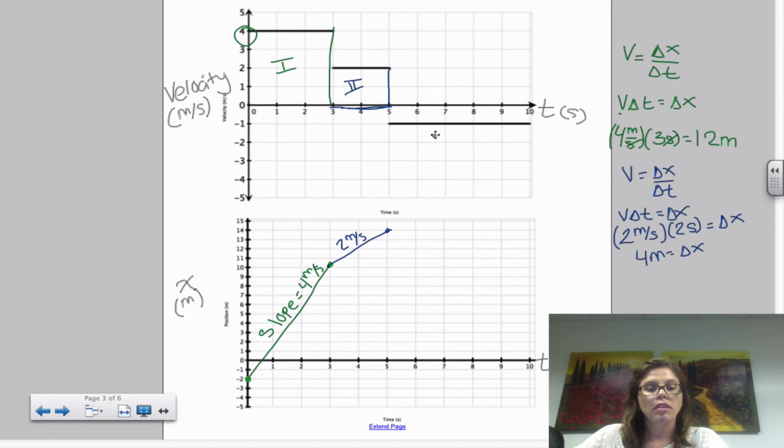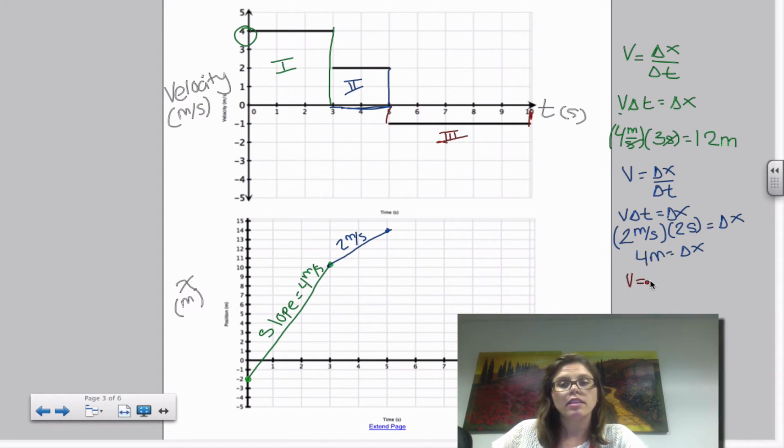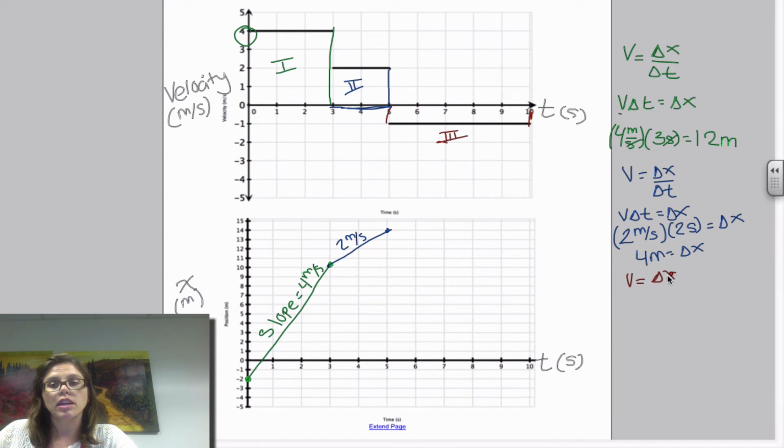Now for part 3, so here's part 3. I just wrote part 3 outside the box right there. Same deal. Velocity is equal to change in x over change in time. Velocity times the change in time is equal to change in x. The velocity is -1, so it's going backwards.